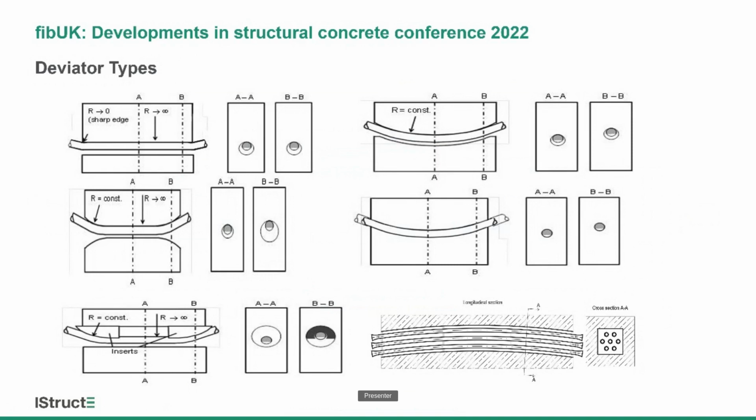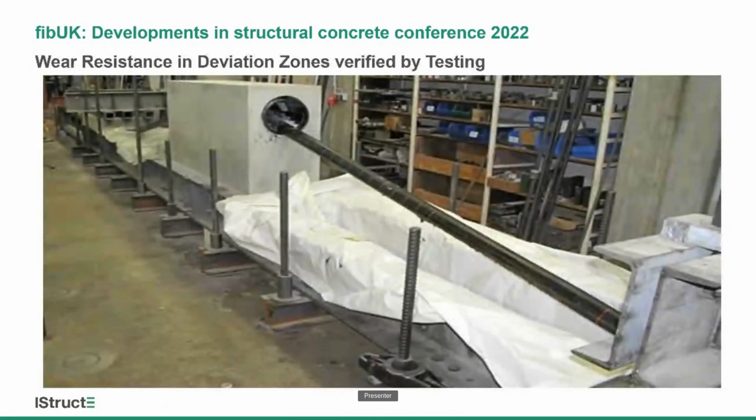You see different types, either with bent pipes, matrix deviators, as you see in the right bottom, or special half-shell deviators that can be adjusted to the deviation as it is in place in the individual project. That is even showing that this is tested.